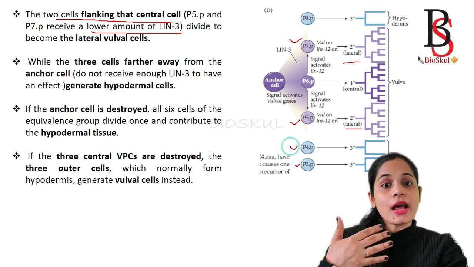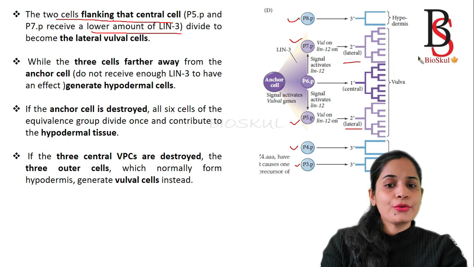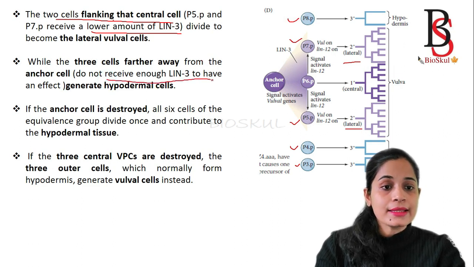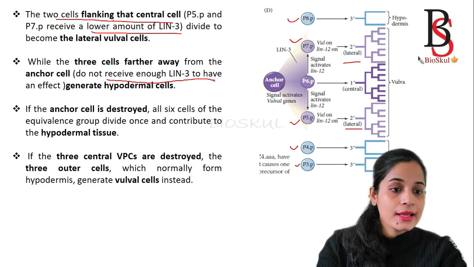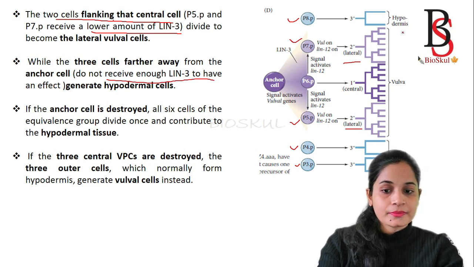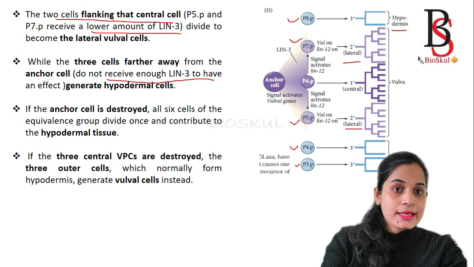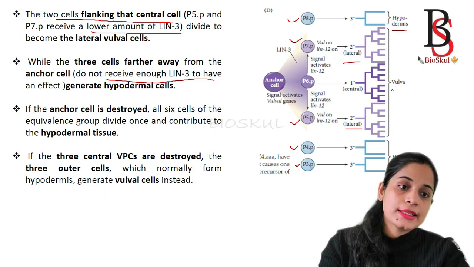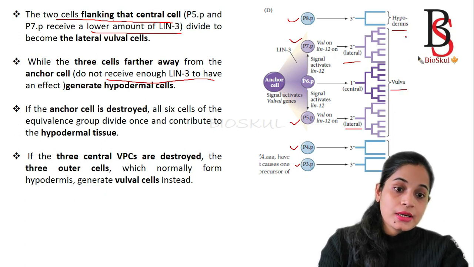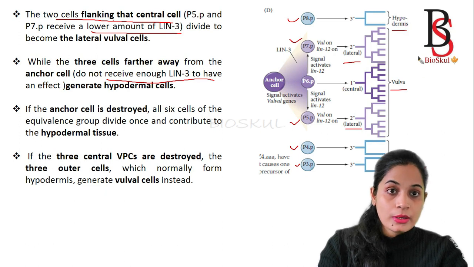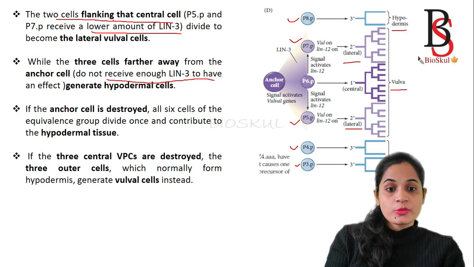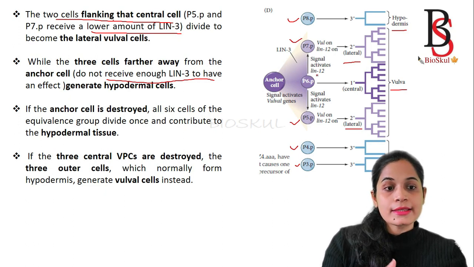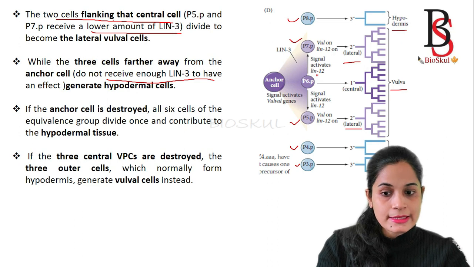They are farther away from the anchor cell, and they don't receive enough lin-3 protein to have an effect, and these three cells generate the hypodermis. So three vulval precursor cells form the vulva and the other three form the hypodermis. Of the three that form the vulva, the one in close proximity to the anchor cell forms the central vulva, whereas the two flanking cells develop the lateral vulval cells.